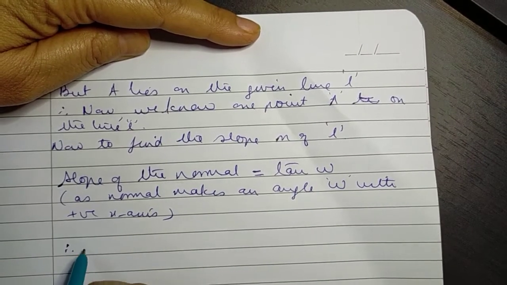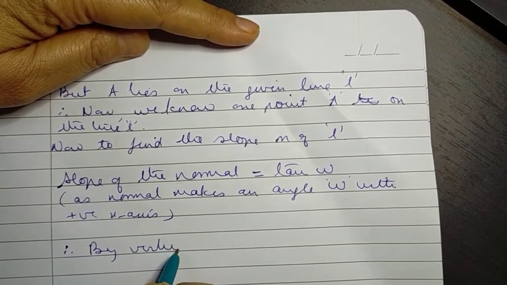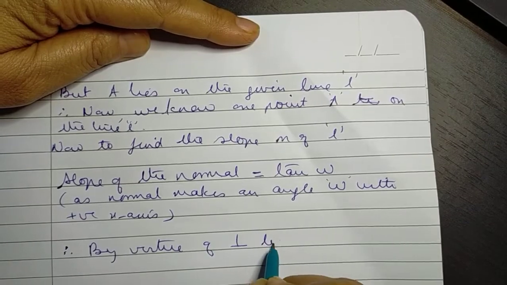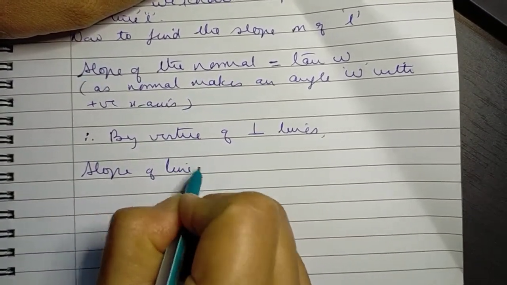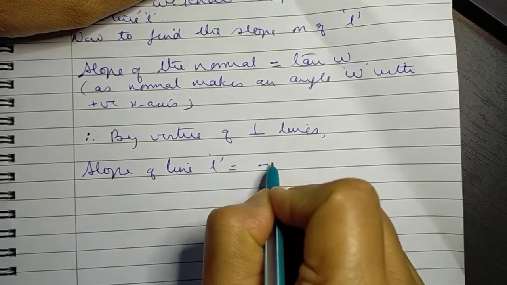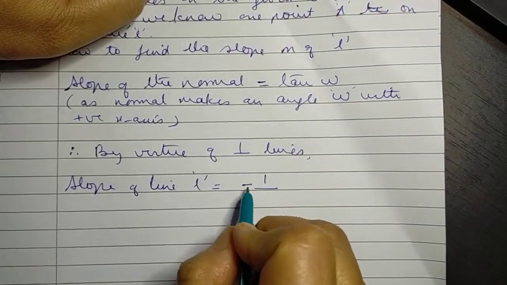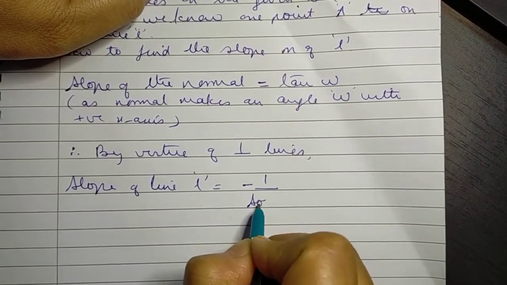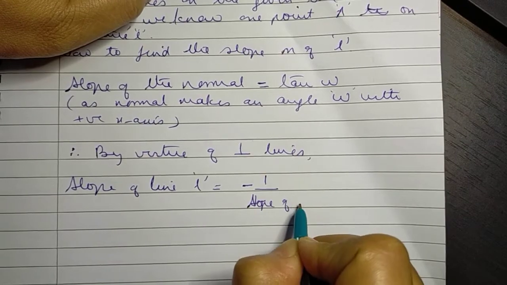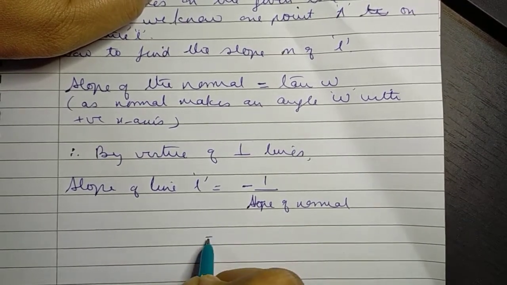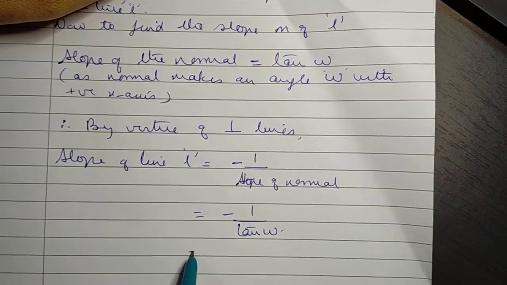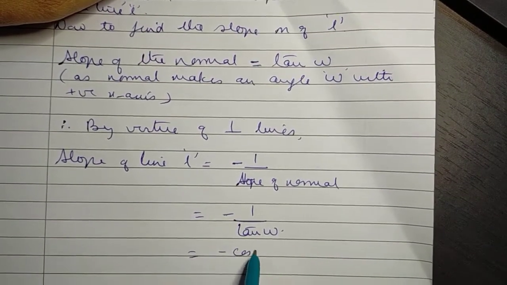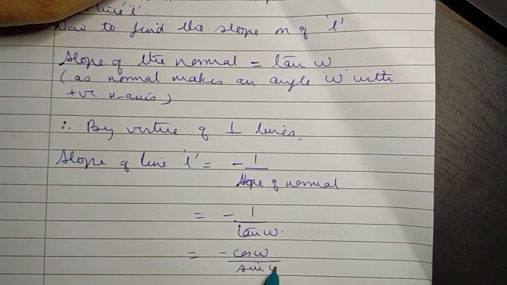Therefore, by virtue of perpendicular lines, slope of line L equal to -1 upon the slope of normal, which is equal to -1 upon tan omega, which can be written as minus cos omega over sin omega.